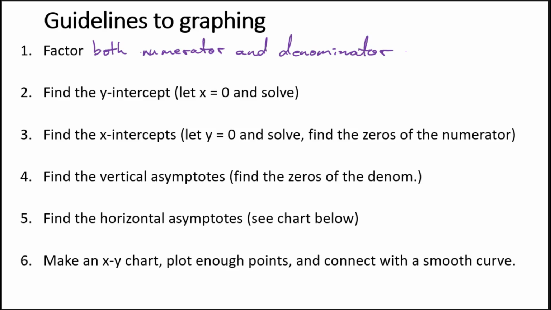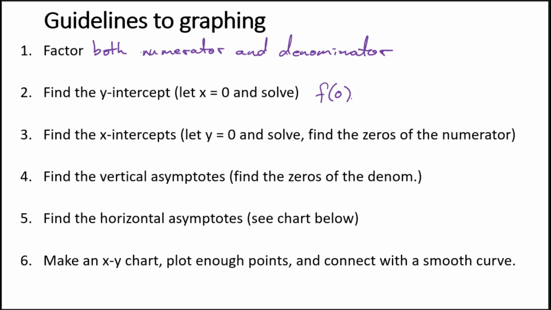If you can't factor, then you skip step 1. Step 2, you're going to find the y-intercept. That's where you let x equal 0 and solve. In the previous times, we said that's when we do f of 0. It's the same thing.